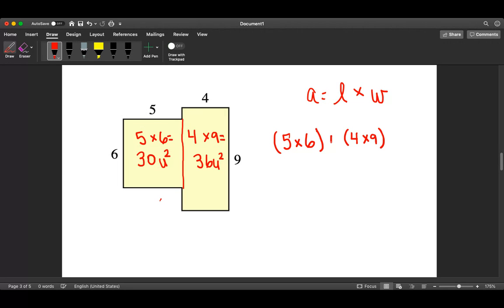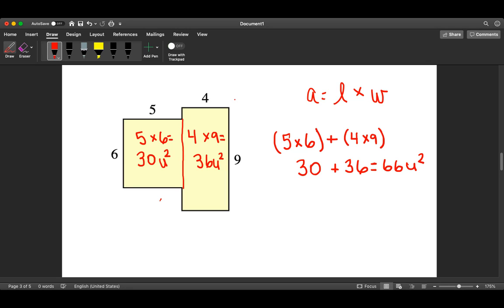And I'm going to add these two areas together. So rectangle 1, the area is 30. And rectangle 2, the area was 36. And when I add those together, I get 66 square units for the area of this larger figure.